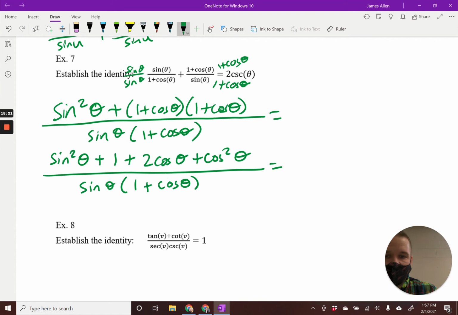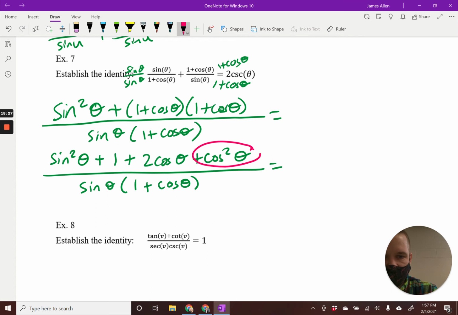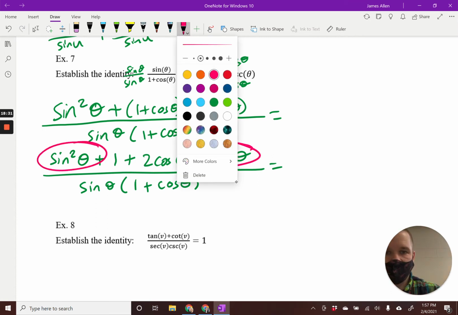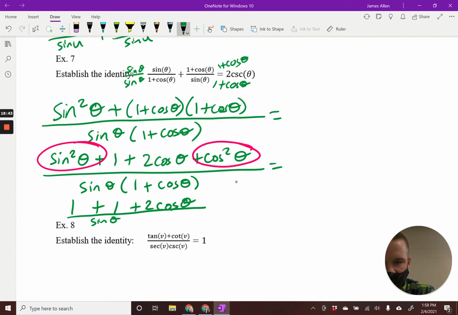So I have sine squared theta and cosine squared theta. So these can change to 1. I like it. So that means I will have 1 plus 2 cosine theta over sine of theta times 1 plus cosine of theta.